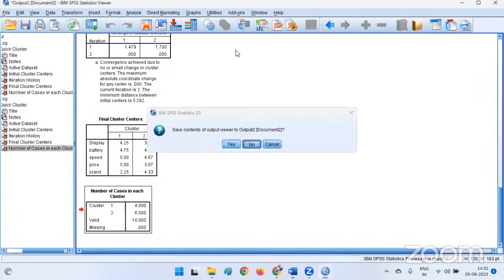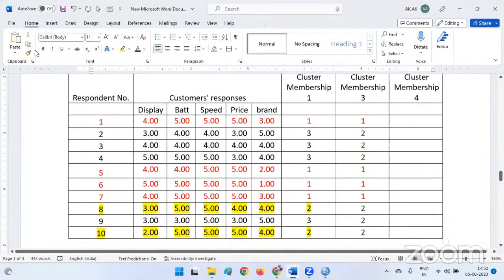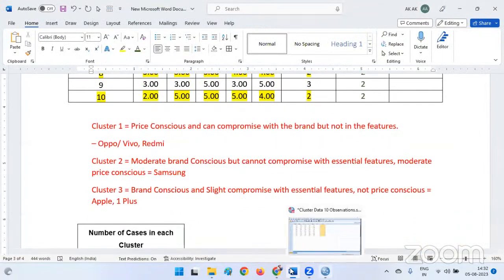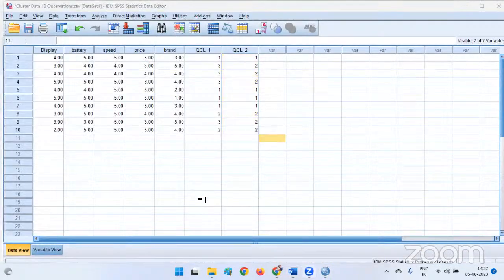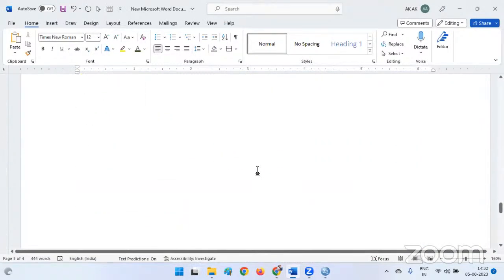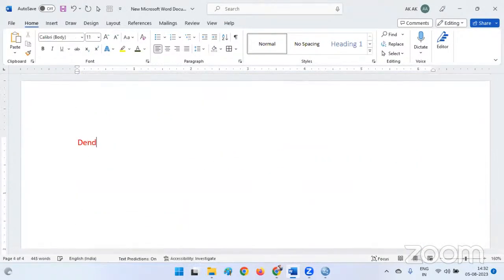Now, I'm deleting this for a while, and there is a concept of hierarchical clustering and dendrogram. Now, what a dendrogram shows, the dendrogram is based on where a data point meets a cluster.